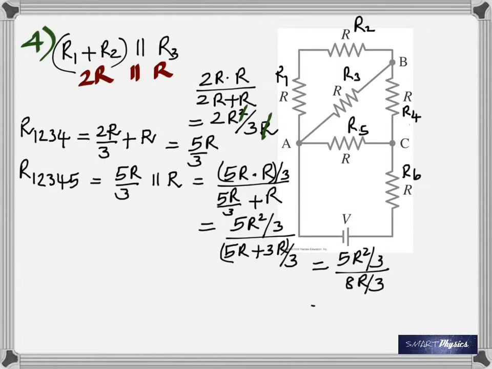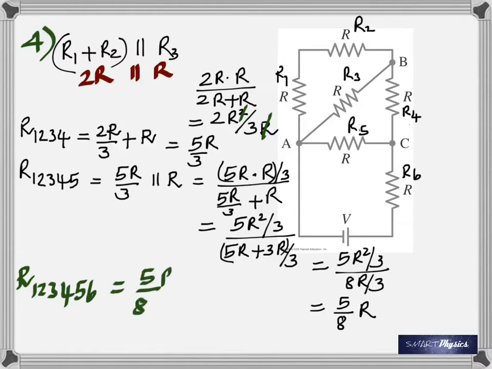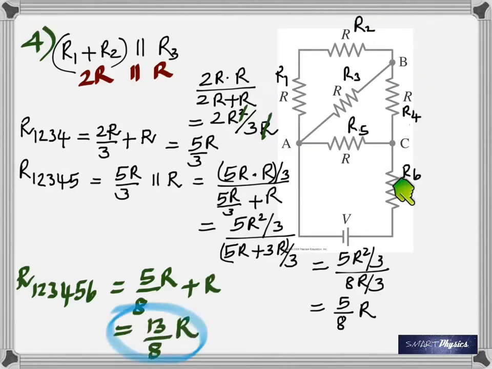And once you put that combination here, you get the total finally of all the 6 resistances just by adding that to R6, because that whole combination is definitely in series with R6. So the final answer is 13 by 8 R. And hopefully you understood.